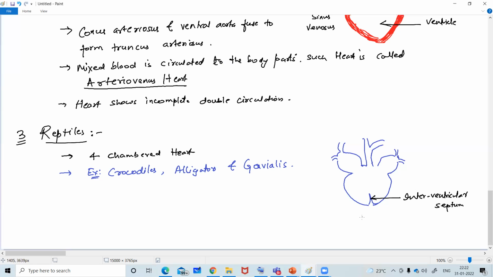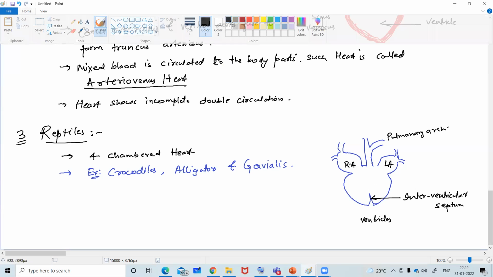The lower part is called ventricle, right? This is left auricle, this is right auricle, and this is pulmonary arc, right? So this is how the structure looks like.